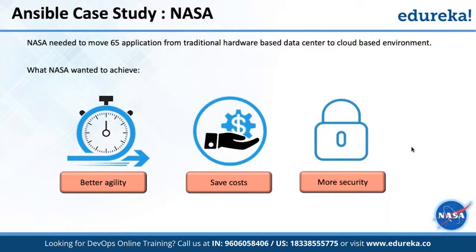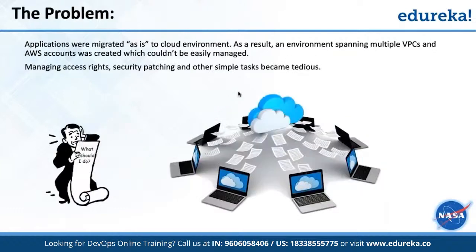They did not want SSH cost, this migration cost. They wanted more security and better agility. How did NASA achieve this goal? NASA used Ansible as their one-stop shop to do the migration with more security, better access rights, and more agility.